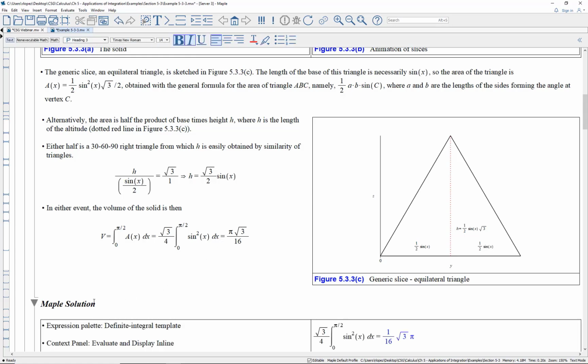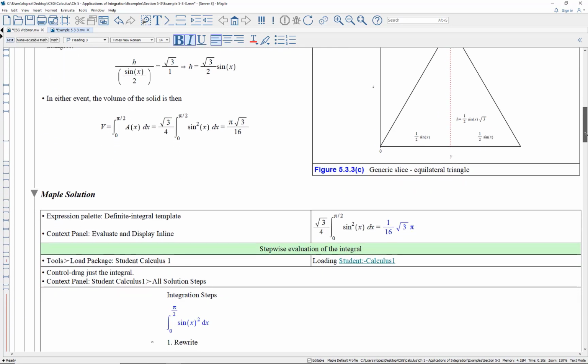Now, as a Maple solution, you're going to need the area as a function of x. So we'll assume that you have that. If you put it all together, you can see here that you are going to be integrating root 3 over 4 sine squared. So if you write that integral down and evaluate it, you get square root of 3 over 16 pi.